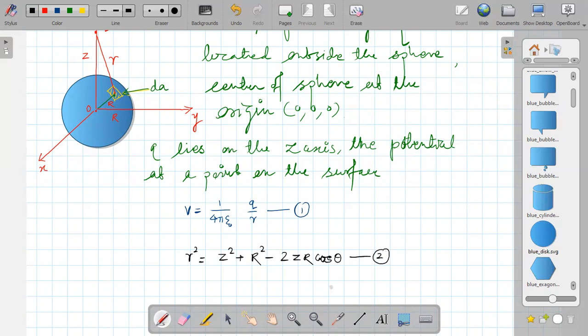Again, we know that dA is your surface element, which is equal to R square sine theta d theta and d phi. Say equation number 3.